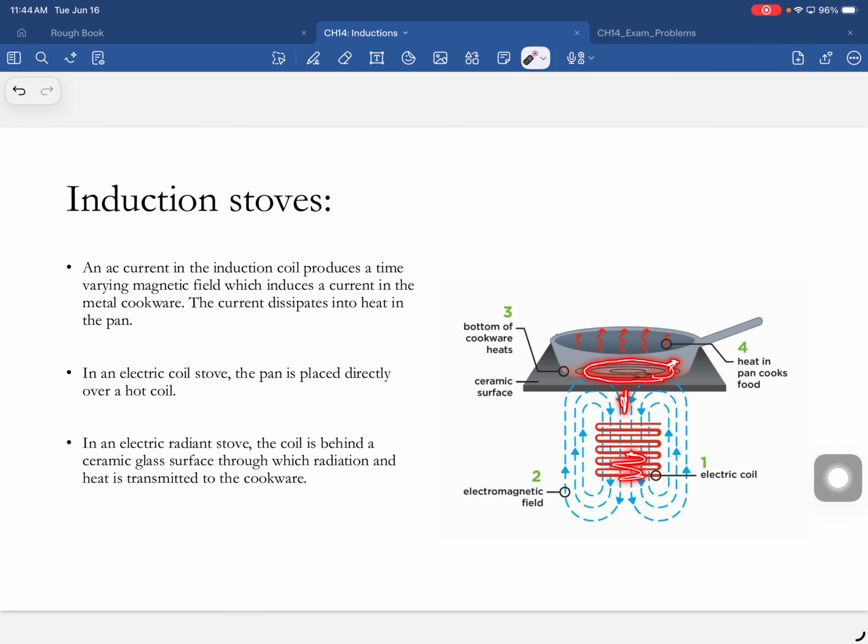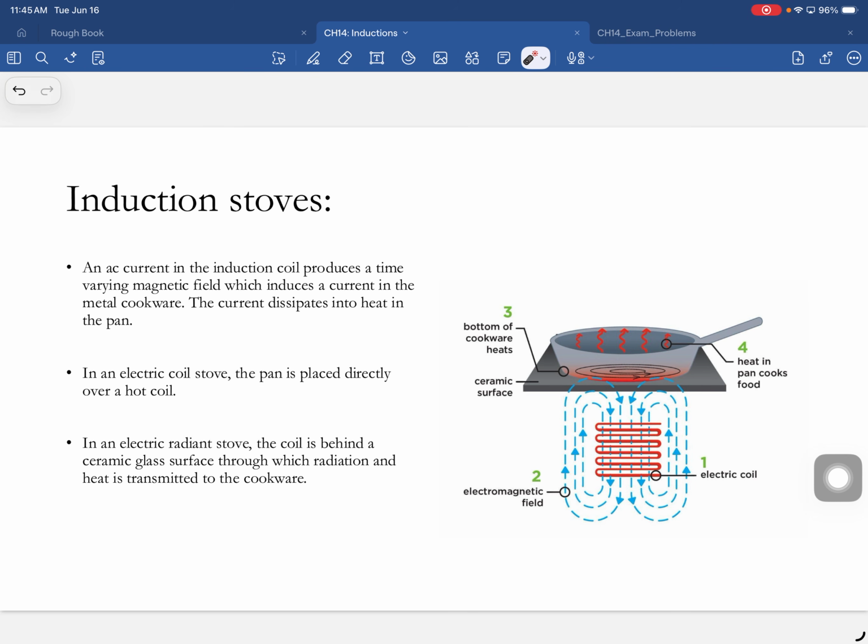And if you have a metal cooking utensil, that electric field will drive a current there. And that current, because of the resistance, turns into heat. So you're transferring energy from here directly to the pot. This doesn't get hot. You're not wasting any energy there. All the energy is being transferred.